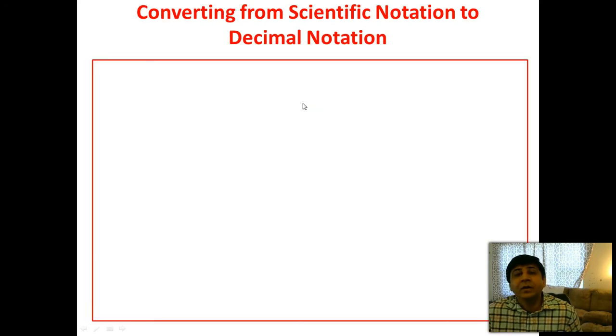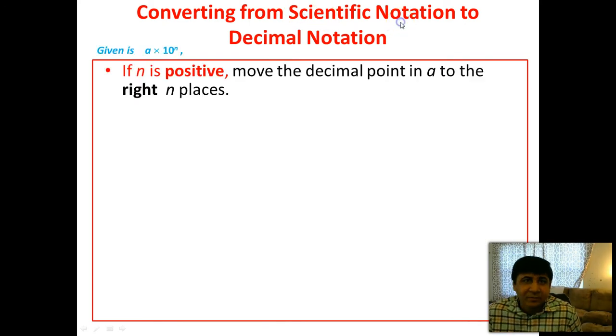Let's look at how you go from scientific notation to the long way, the decimal notation. Suppose 8 times 10 to the power n is given to you. We can have n positive or negative.